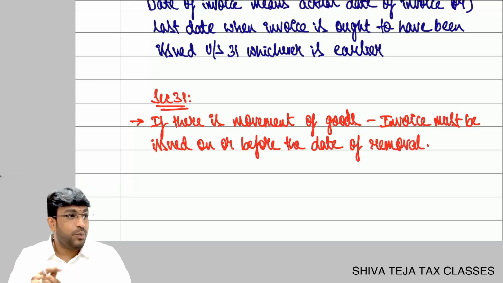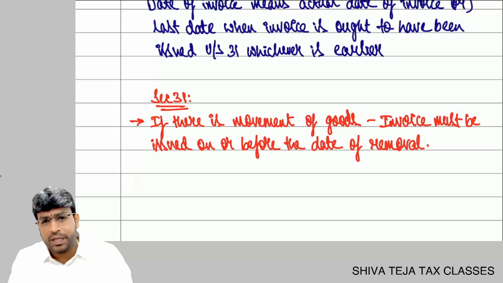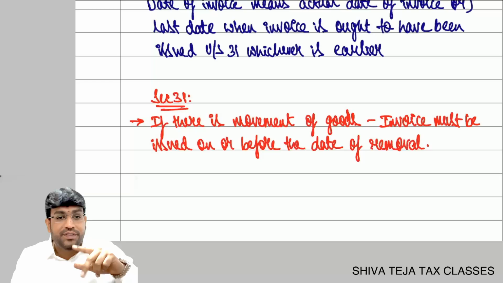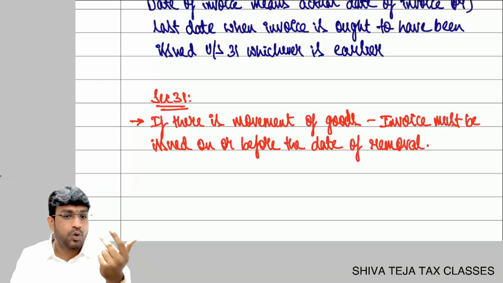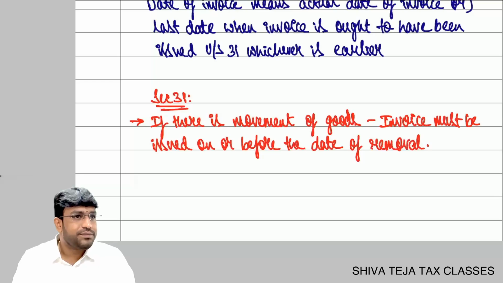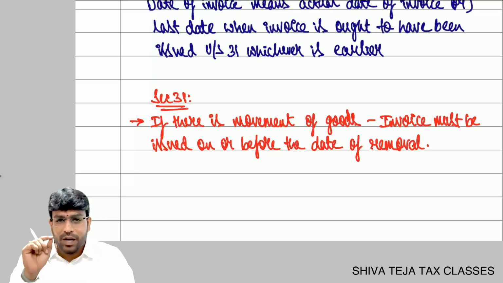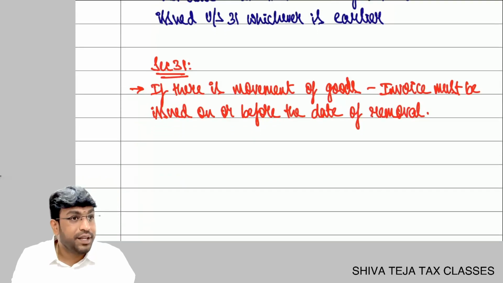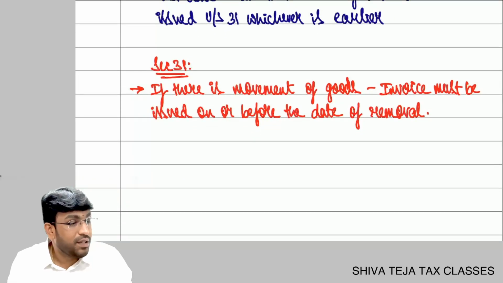One more time I repeat. If there is movement of goods, invoice must be issued on or before the date of removal. Movement of goods means there is a requirement of physical movement of goods. So if there is movement of goods, invoice must be issued on or before the date of removal. Getting clarity? Speak out, friends. Yes, sir.